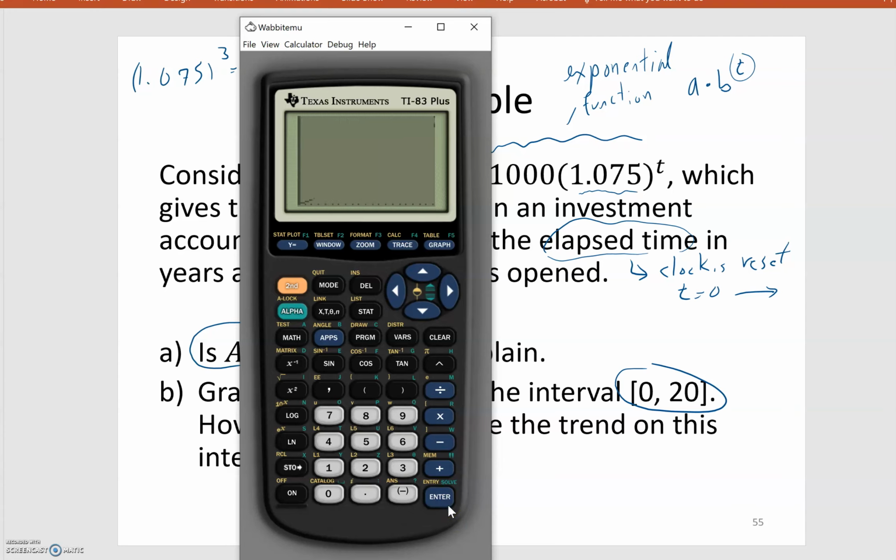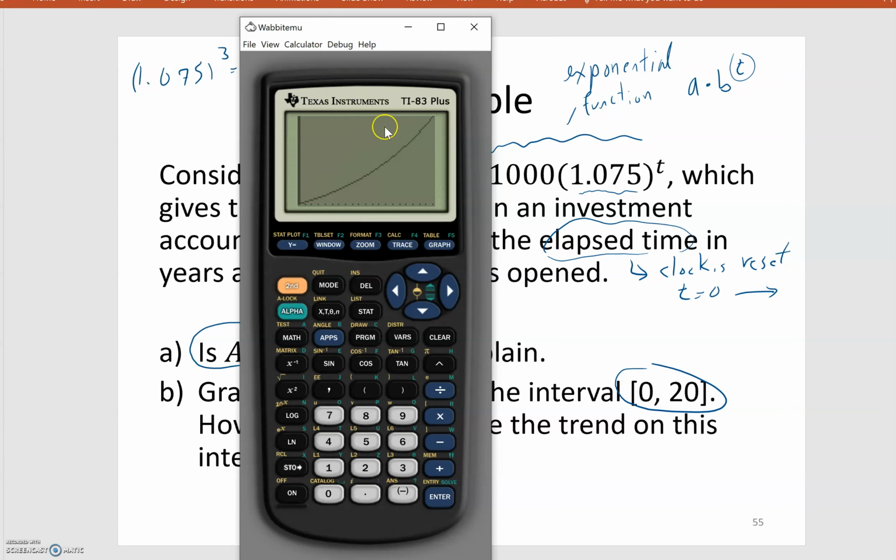And we should get a graph here in a moment. There it is. So how would you describe this trend? Well, it's increasing, but it also curves upwards, so at an increasing rate.